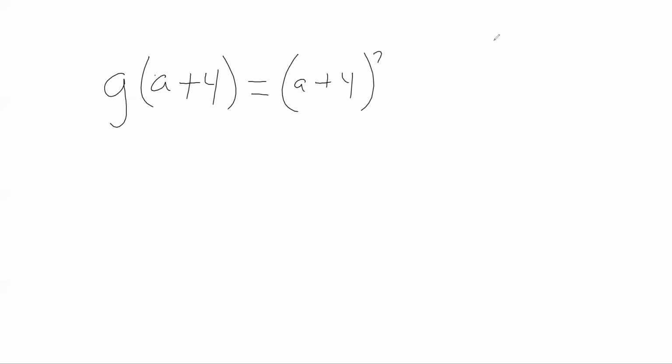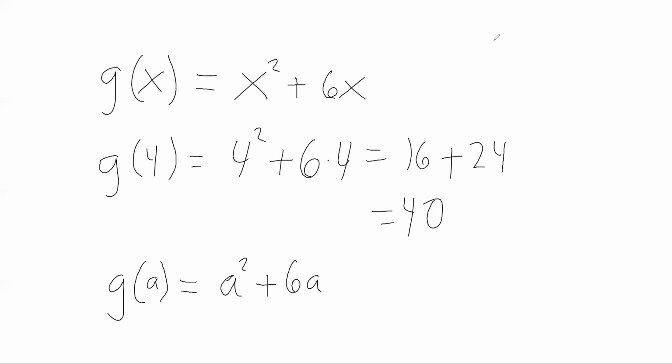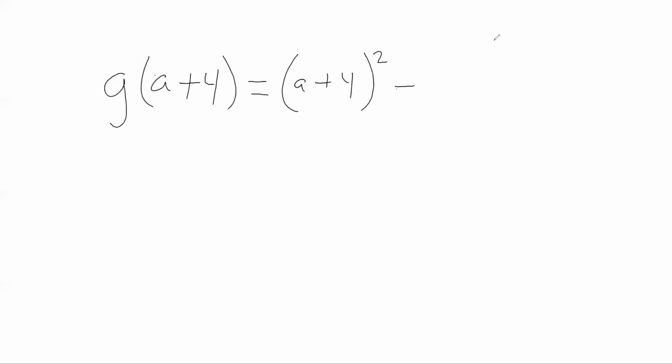The correct way to represent that mathematically is to put the a plus 4 in parentheses and then the squaring outside of that. And then plus 6 times the input. And again, since the input is all of a plus 4, we have to put all of a plus 4 in parentheses.